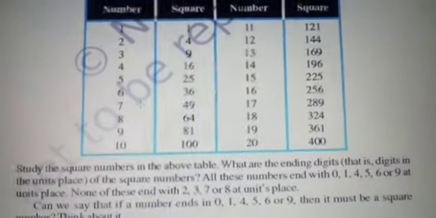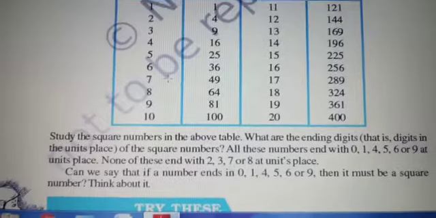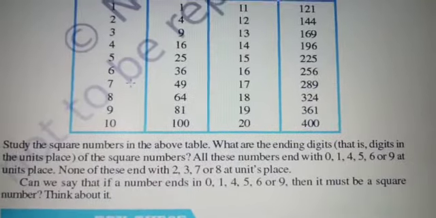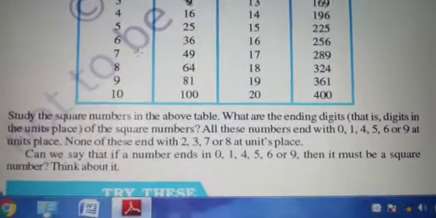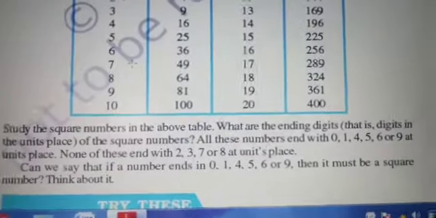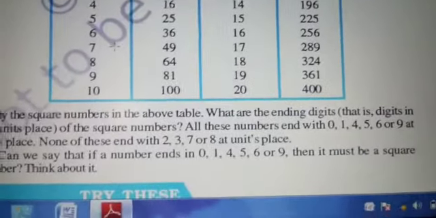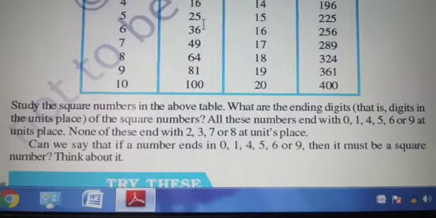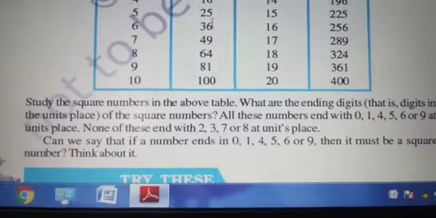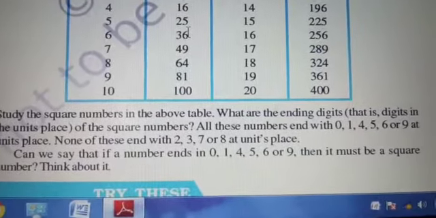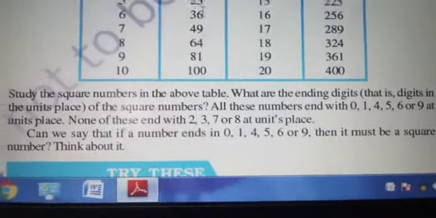You can say it like a rhyme: 0, 1, 4, 5, 6, 9. If those numbers come as the last digit, at the last place, then we can say that particular number is a square number.